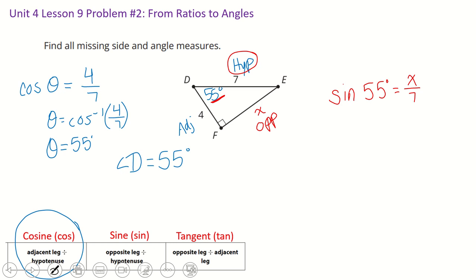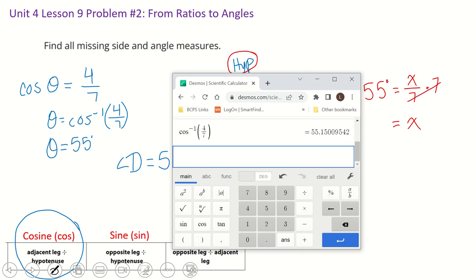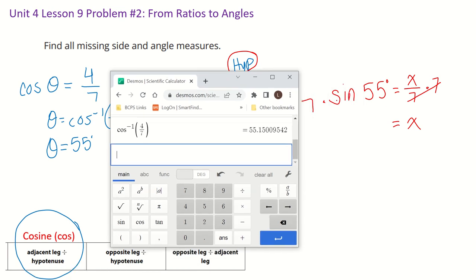All right, to get x by itself, I see x is being divided by 7. I know the inverse of dividing is multiplying. So I'm going to multiply each side by 7. All right, so I'm going to go back to my Desmos calculator. And I'm going to go ahead and put in. Notice that this time we're not taking the inverse of sine.